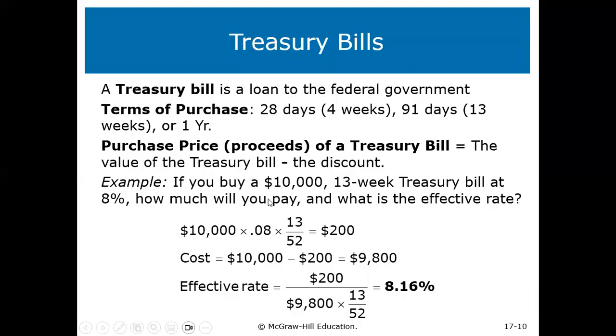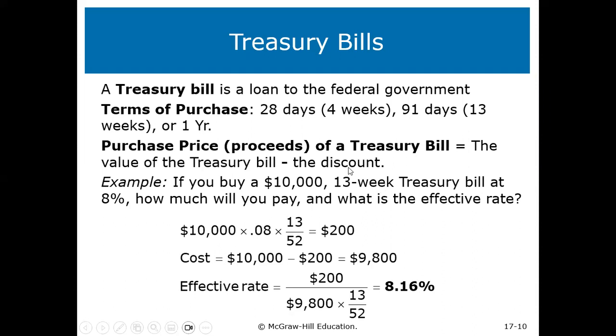Okay, so this is an example. If you buy a 10,000 13-week treasury bill at 8%, how much will you pay and what is the effective rate? So the face is 10,000, and the rate is 8%.